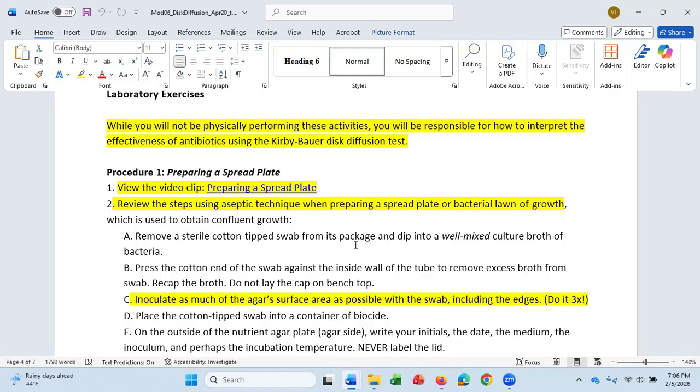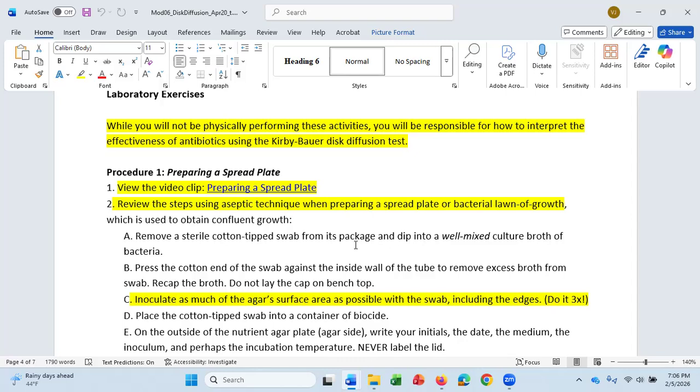You do that at least 3 times. Then we say that the plate has a swab of bacteria on it, so it will grow as a lawn of bacteria everywhere.